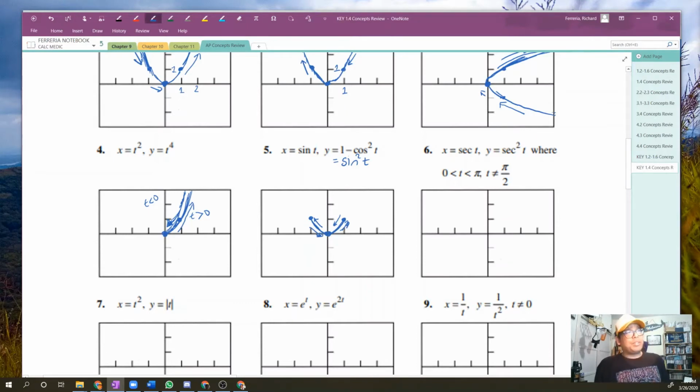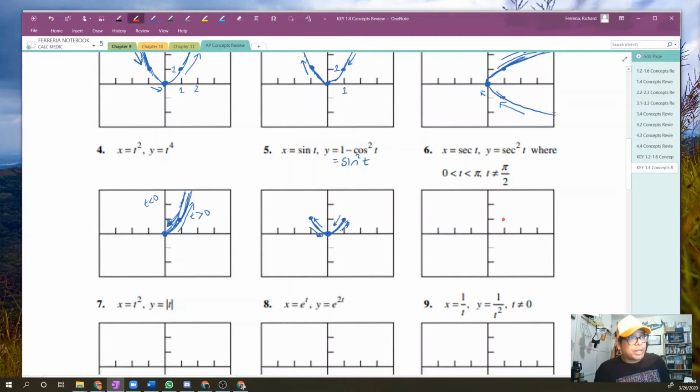The secant of 0 is 1 over the cosine of 0, and the cosine of 0 is 1. So 1 over 1 is 1. So the x-coordinate is 1. And the y-coordinate is going to be 1 squared, which is also 1. So that's our t equals 0. Maybe I should do that in red so that we'll have a good idea about our starting place.